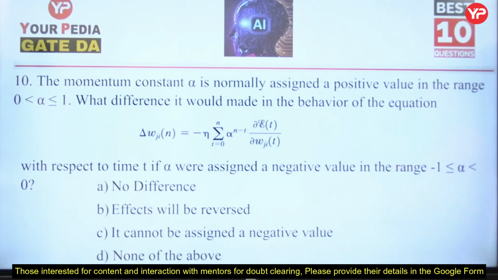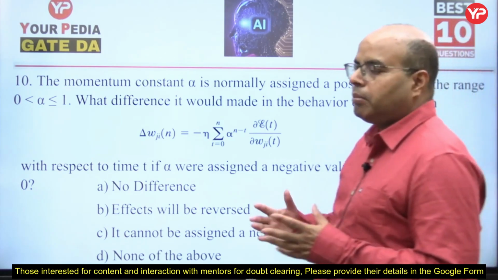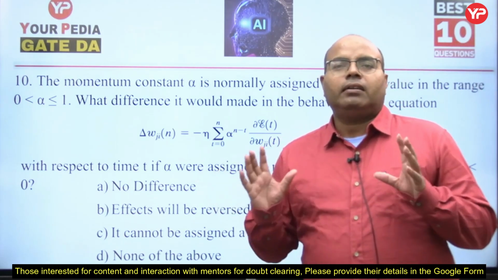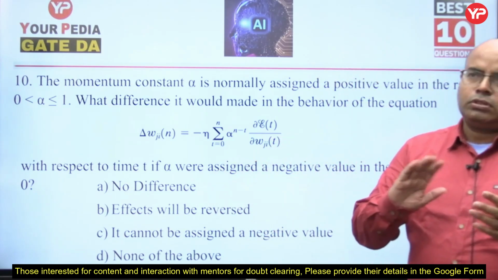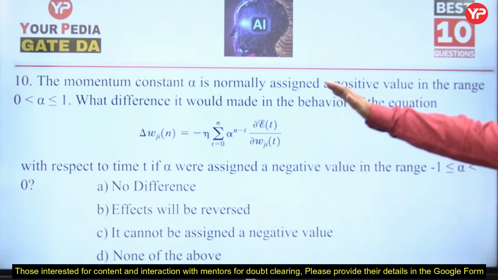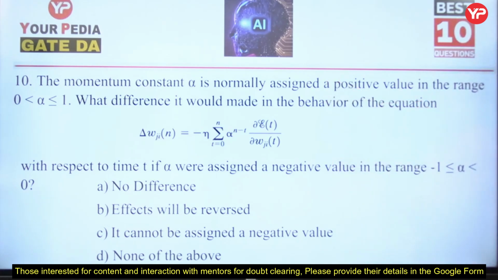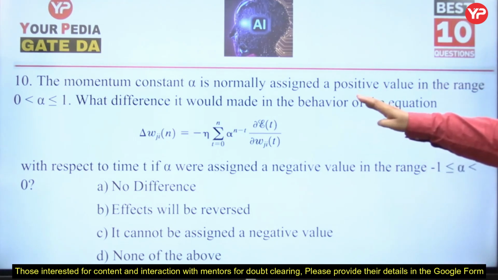Now the 10th question, the momentum constant alpha. Neural networks questions are very mathematically oriented, but if you apply simple logic, it can be done. Like you see this question: the momentum constant alpha is normally assigned a positive value in the range between 0 and 1.